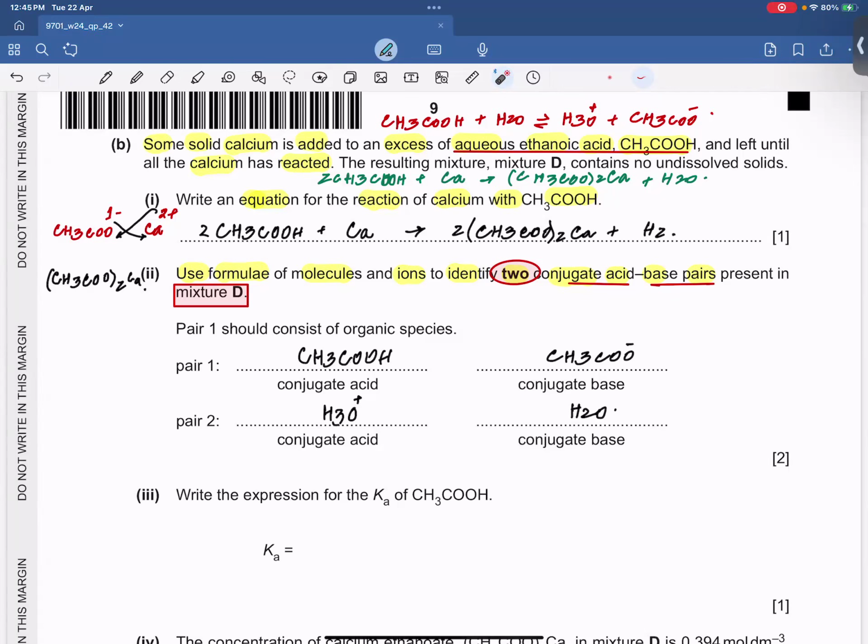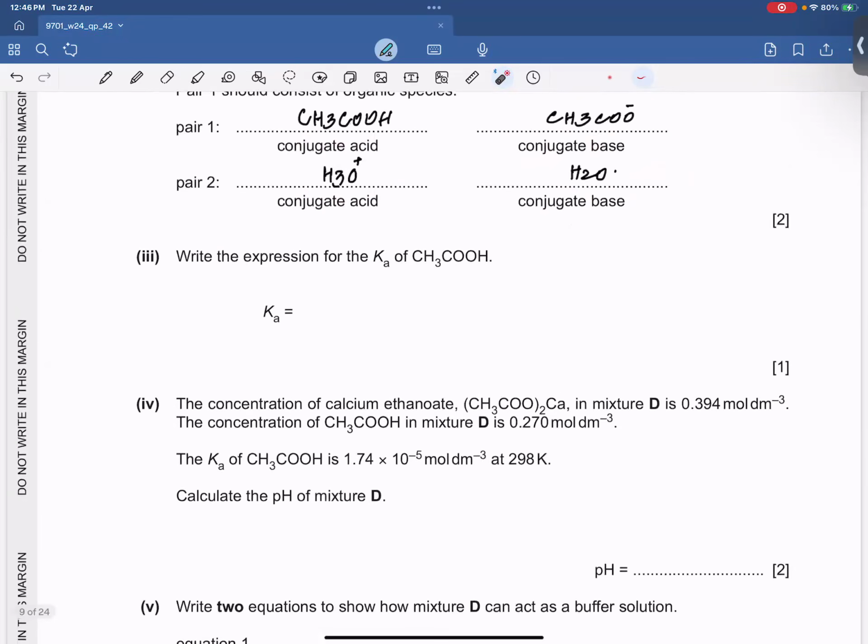Yeah. In the first equation, this is acid and this is going to be conjugate base. In the second pair, this is base and this is conjugate acid. Conjugate acid is a proton donor, so it donates its proton. Conjugate base is a proton acceptor, so it accepts a proton. Okay. Write an expression for Ka of methanoic acid.